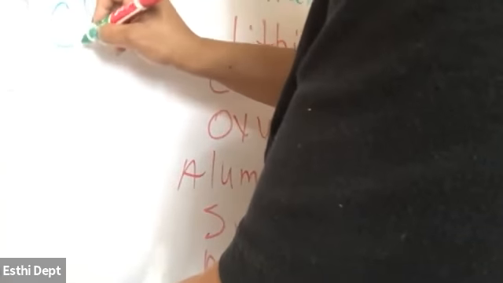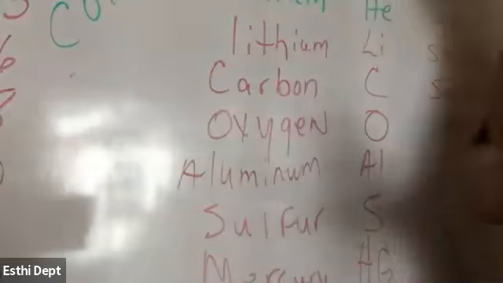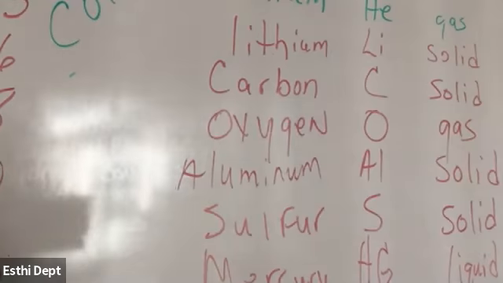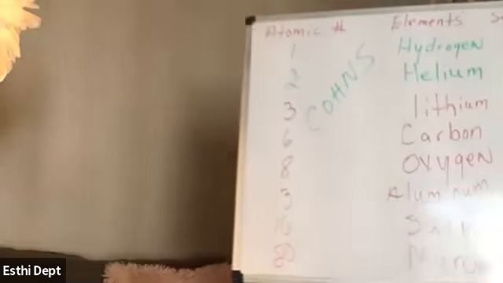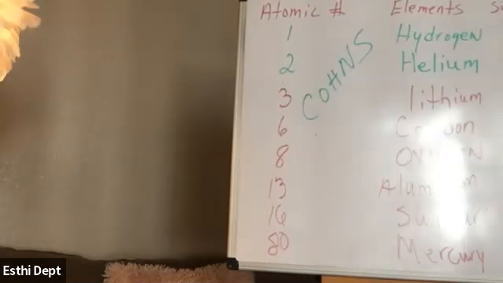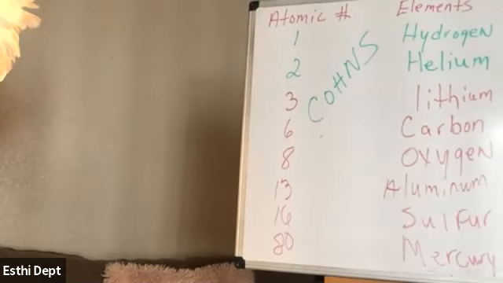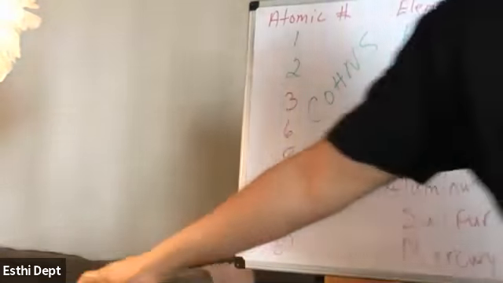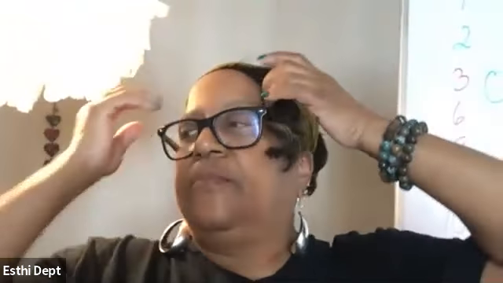COHNS: carbon, oxygen, hydrogen, nitrogen, and sulfur. Okay. Atoms.